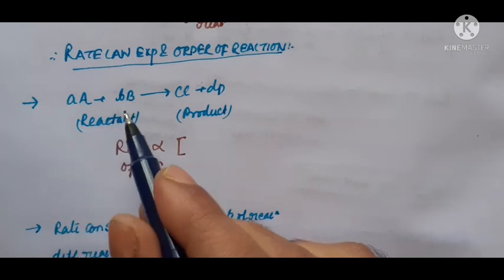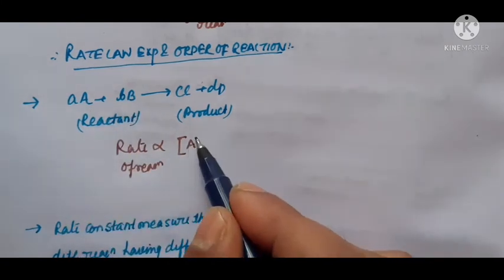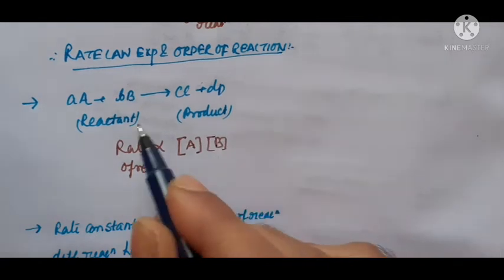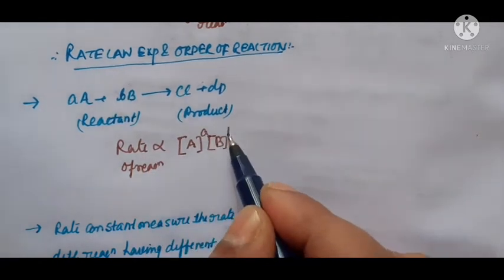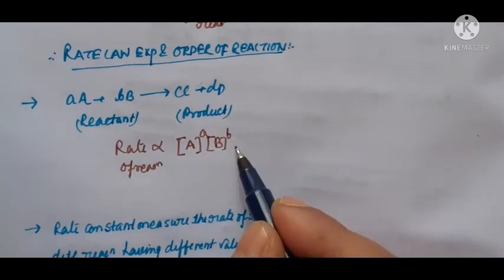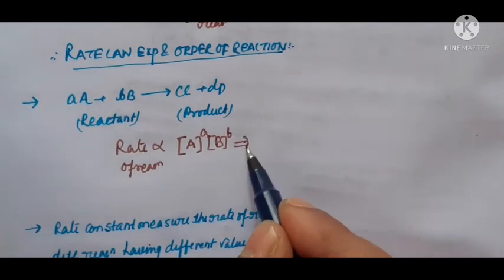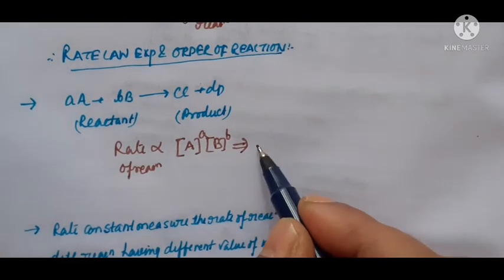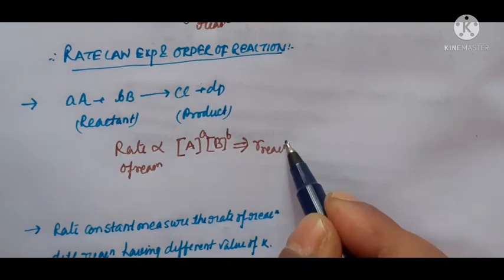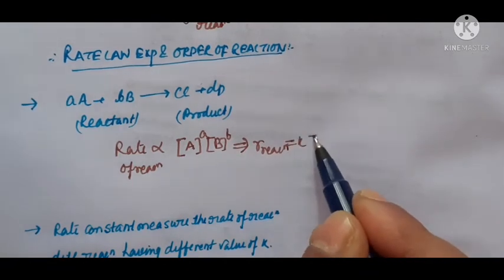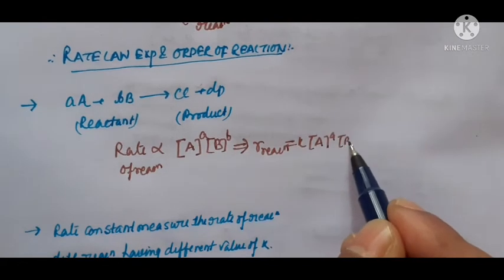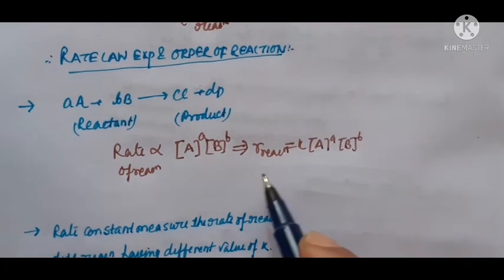Here we have reactants A and B, and the coefficients are raised as powers. If we replace the proportionality sign, we can write: rate of reaction equals K [A]^a [B]^b.